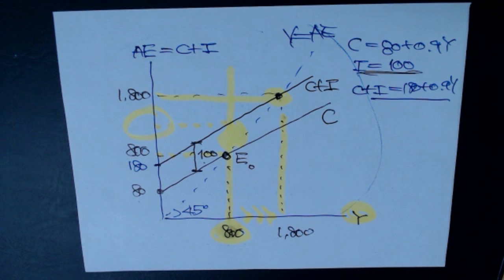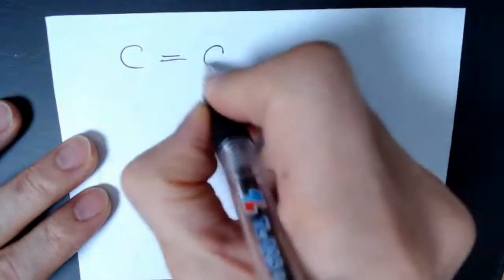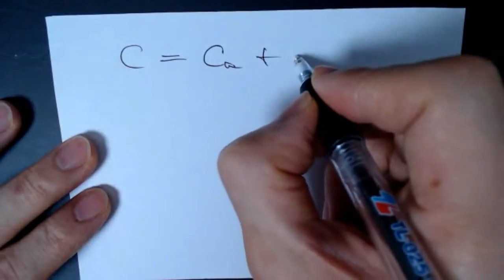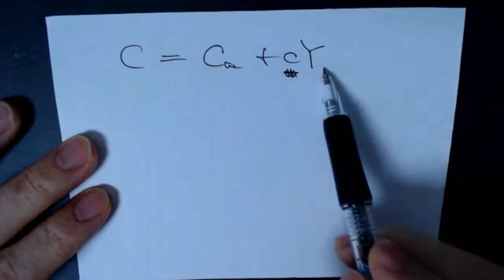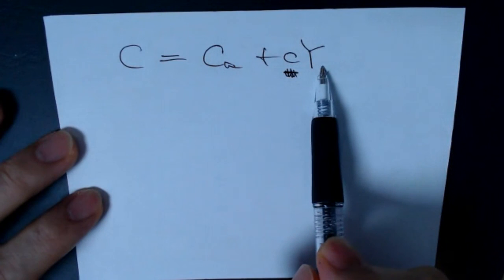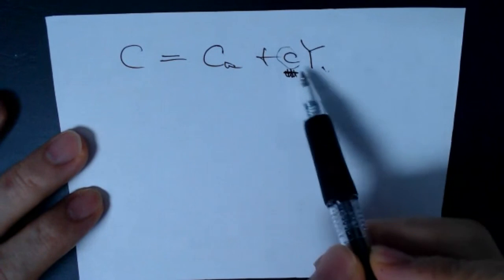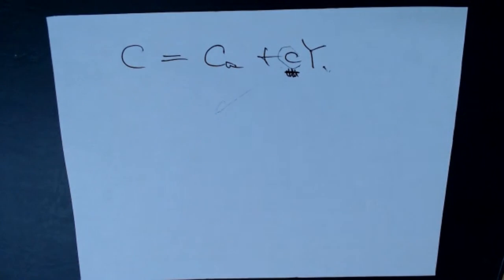Income level itself doesn't affect marginal propensity to consume. In the consumption function, we define it in this way. So marginal propensity to consume is not affected by income. This one is affected by the nature of the society, whether people have a really big tendency to consume more or save more.